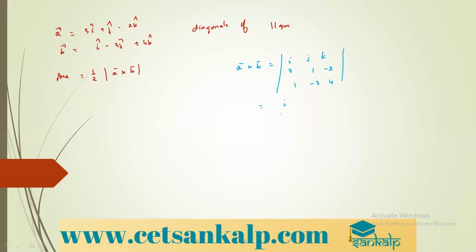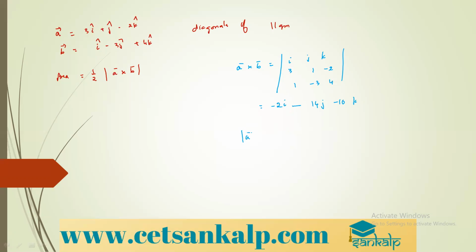So that means i is multiplied with 4 minus 6, that is minus 2, minus j is multiplied with 12 plus 2, that is 14, and k is multiplied with minus 9 minus 1, that is minus 10.